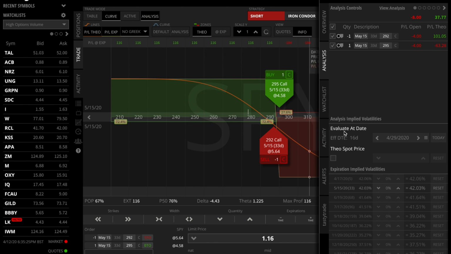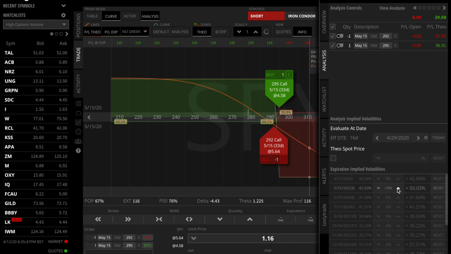So here we have the time that you can go forward. You have the theoretical spot price, and you also have the expiration implied volatility, meaning it takes all the strikes and takes the implied volatility, which is 42.03%.